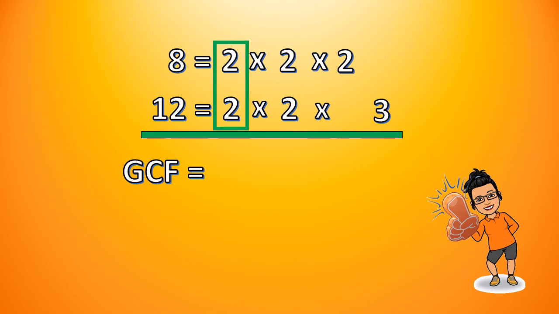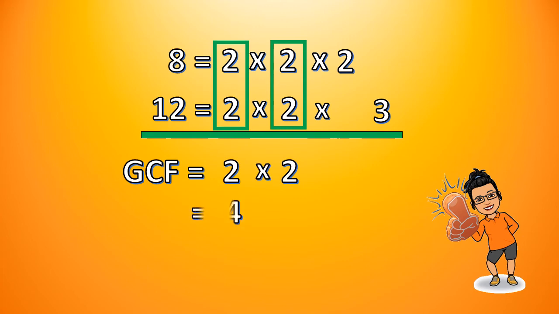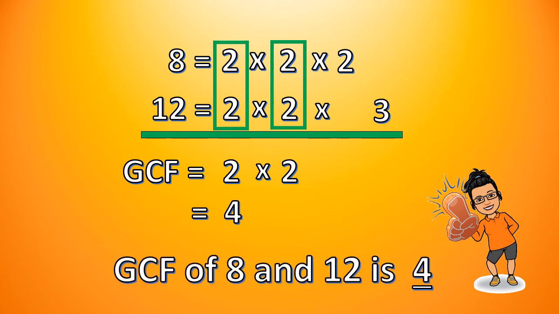We have 2 and 2. And then we multiply these common prime factors. 2 times 2 is 4. So the GCF of 8 and 12 is 4. Did you get that?